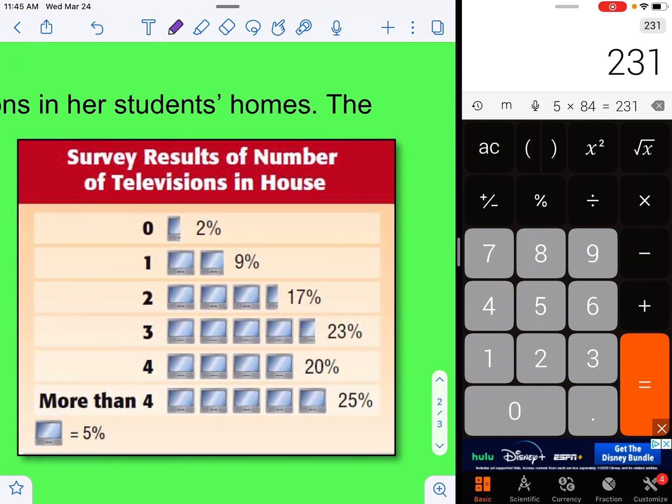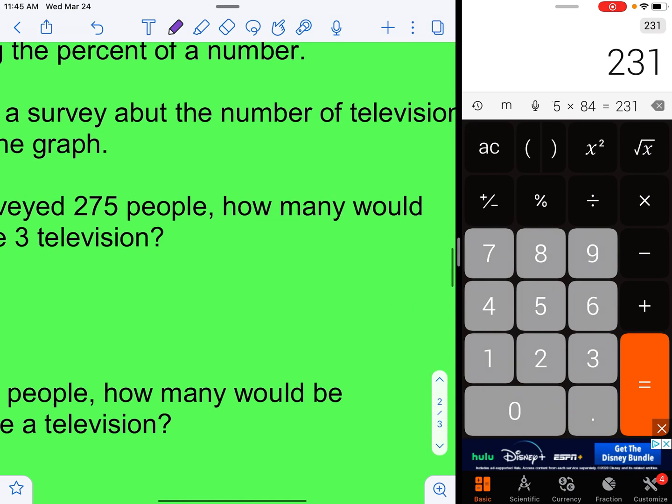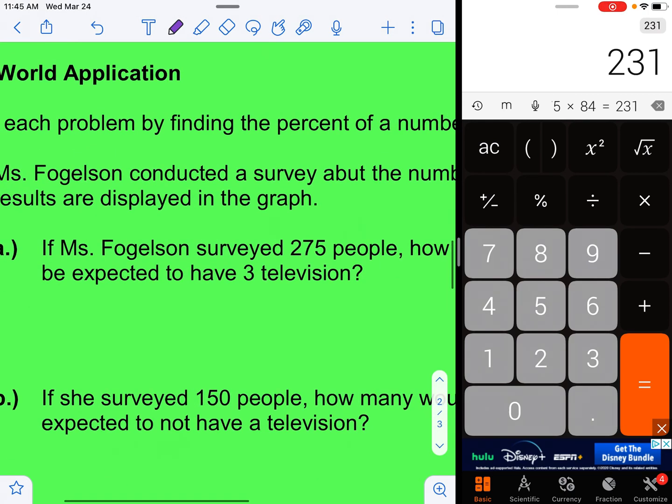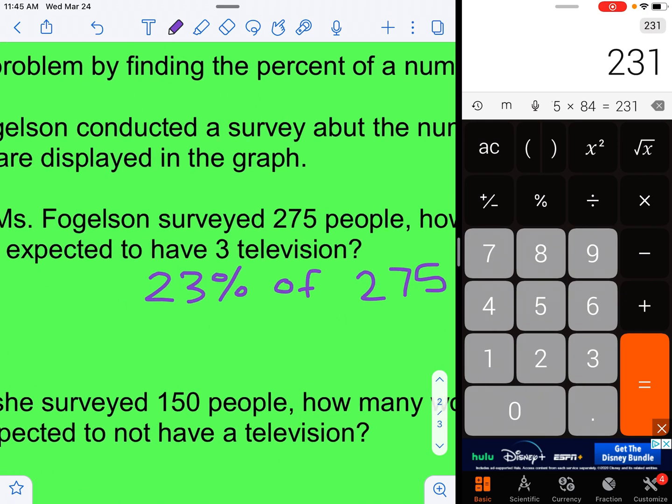So let's take a look at our graph here. 3 televisions is this row right here. How many people have 3 televisions? Right, 23%. So what we're really trying to find is 23% of the 275 people that were surveyed. We don't know exactly how many that is, so let's calculate it.